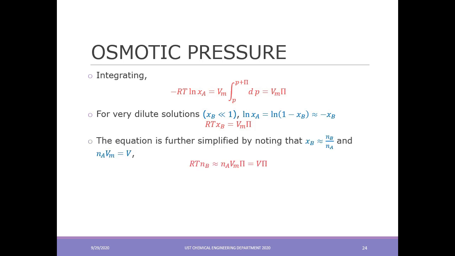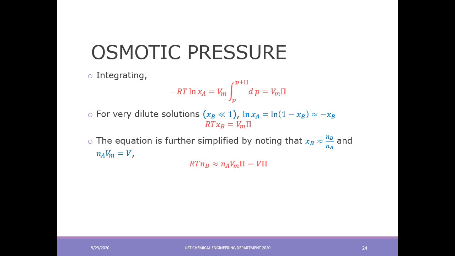Noting that since we assume that XB is very small for dilute solutions, we can also approximate XB as equal to moles of B over moles of A. Recall also that the total volume can be obtained by getting the product of moles A and molar volume. The equation then becomes RT times the moles of B is equal to volume of the solution times osmotic pressure.